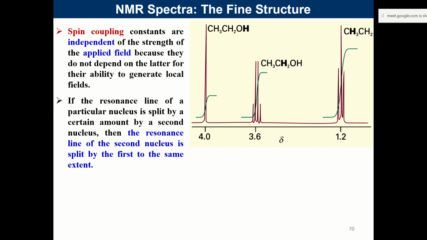This is how we arrived at the fact that the resonance nucleus splits because of the interaction of methyl protons with methylene protons. The methyl signal splits into three, and the methylene proton splits into four because of interaction with the CH3 protons.